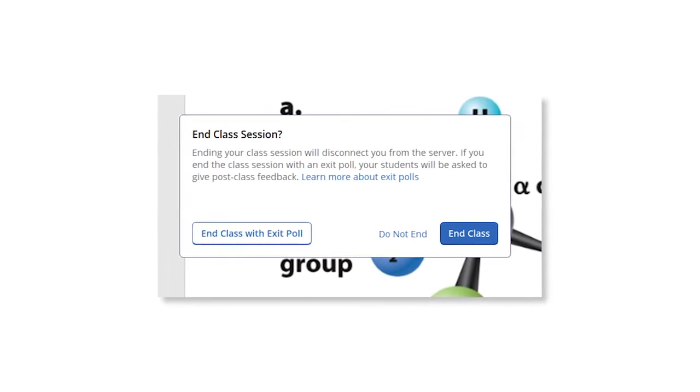I used the exit poll in iClicker in my diversity and cross-cultural psychology class pretty much every week, because it helped me to gauge the key points, maybe things that we needed to circle back to the next week.